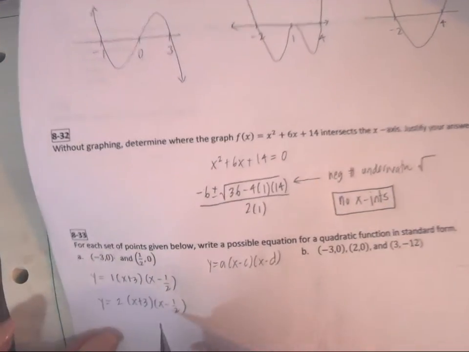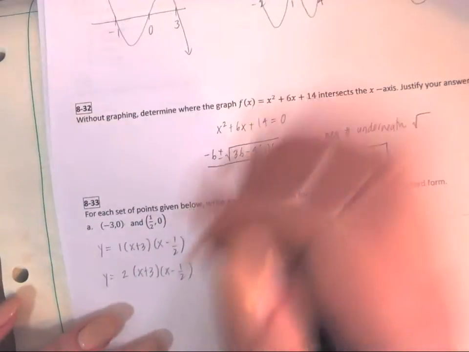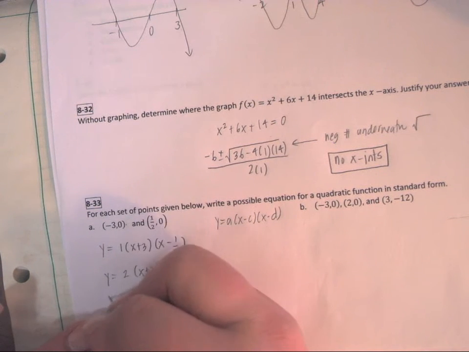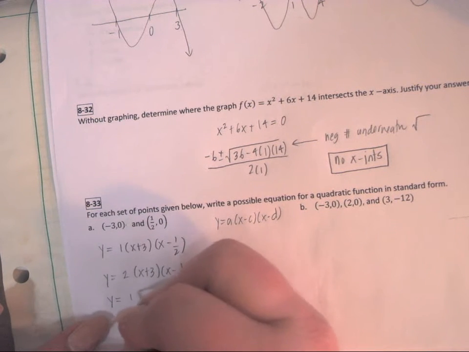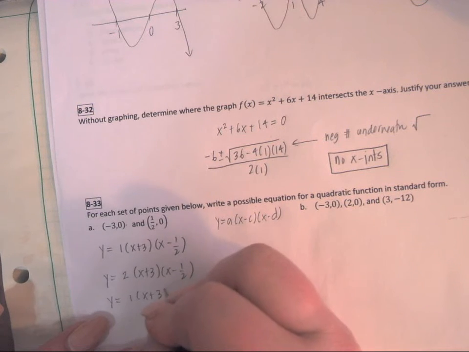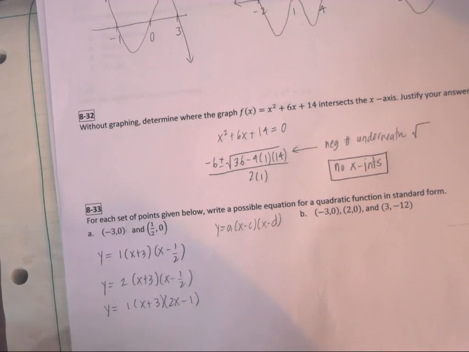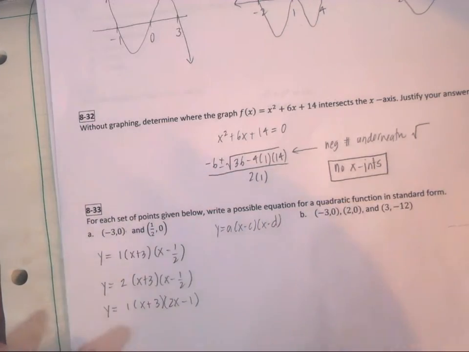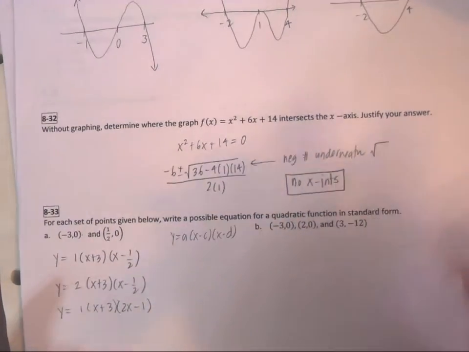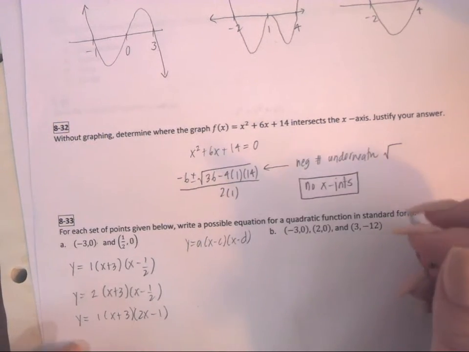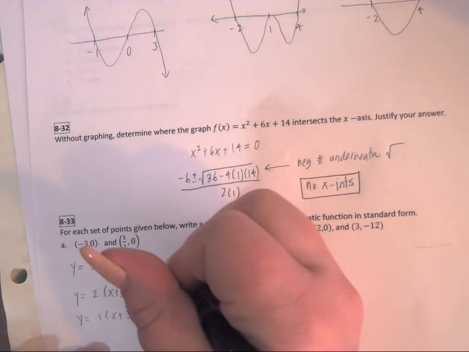Or you could also make it 1/2 times 2x minus 1. So these are all possible ones.